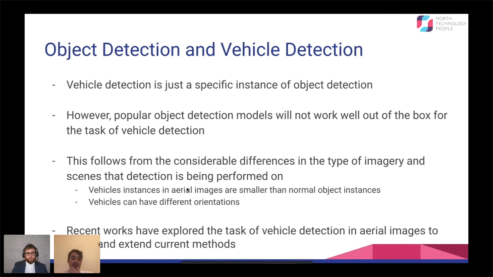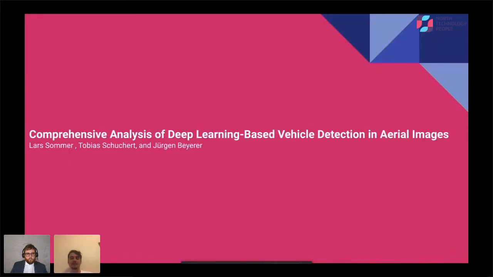This is the case especially in vehicle detection, where the object instances are much smaller than in other applications that are used in the literature to develop and test these approaches. So there have been some recent works that have explored fine-tuning these methods and coming up with different methods to extend and adapt the current methods to have better performance.